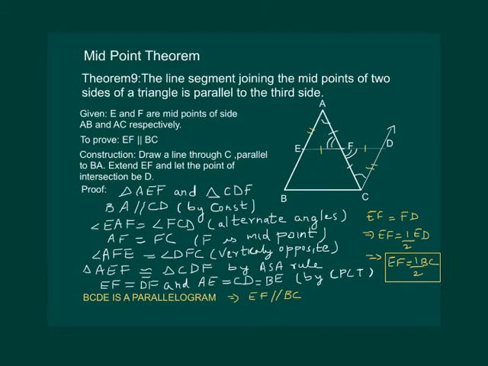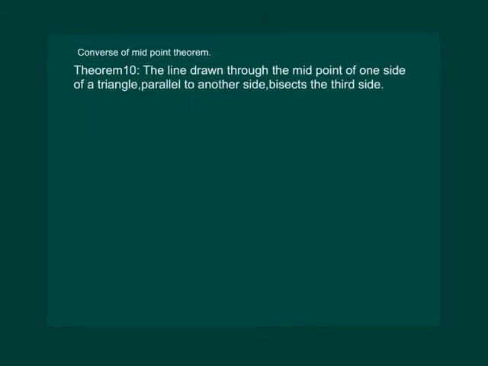Let us now look at the converse of the midpoint theorem. It basically states that the line drawn through the midpoint of one side of the triangle parallel to another side bisects the third side.